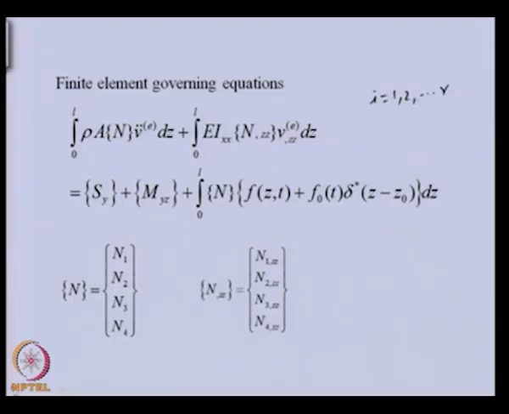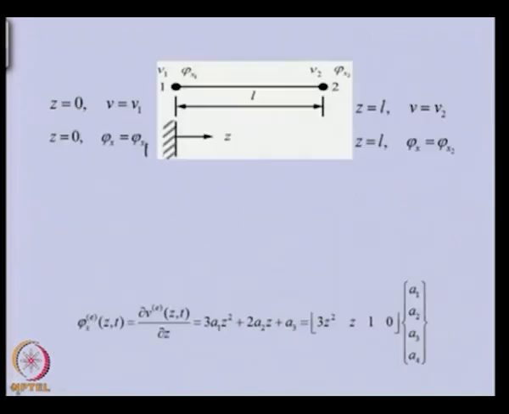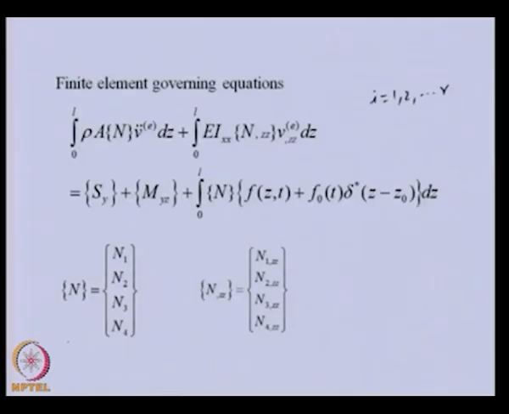If we look back at that particular equation, we will see that in this expression N contains the subscript i, which is varying from 1 to r. So only N are there, and these r number of equations we can put in a matrix form. So basically this N is a vector, because now we know r is equal to 4 for the present problem, because the degree of freedom of the element is 4.